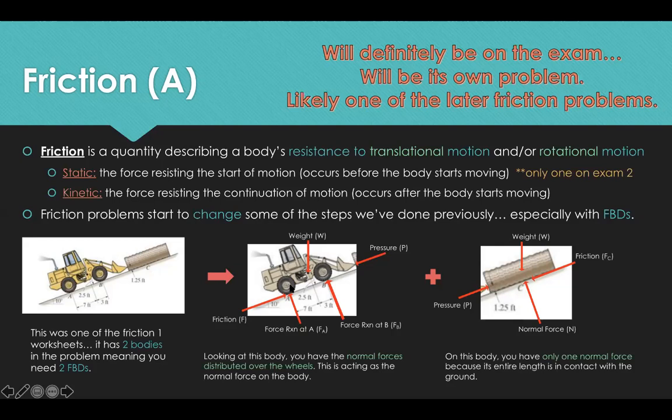Does that make sense? For a vehicle like this tractor, normally it would have 4 wheels. Do we not have to include 4 reaction forces? We're only looking at 2, and the reason for that is you're assuming that the back tires are experiencing the same thing.